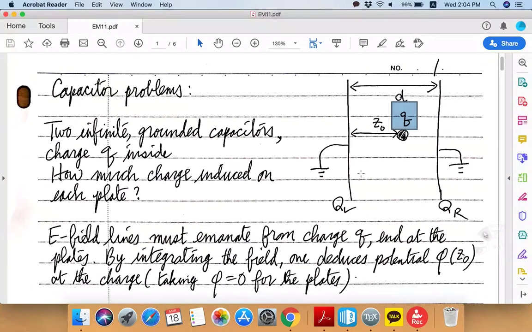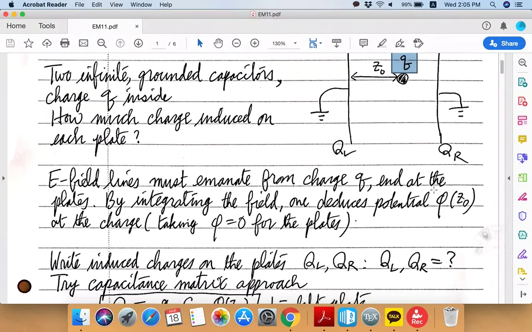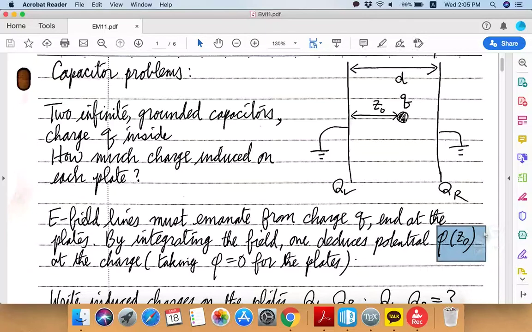By integrating these field lines backward from zero, because that's the potential of this plate, down to the location of the point charge, you can infer that there must be some finite electrostatic potential associated with the location of the charge little q.